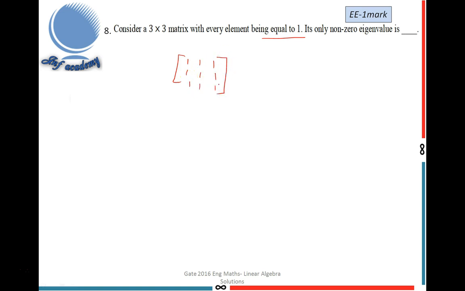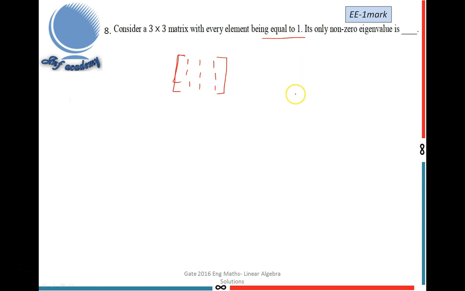Here all the 3 rows are equal. You have to find the non-zero eigenvalue only.